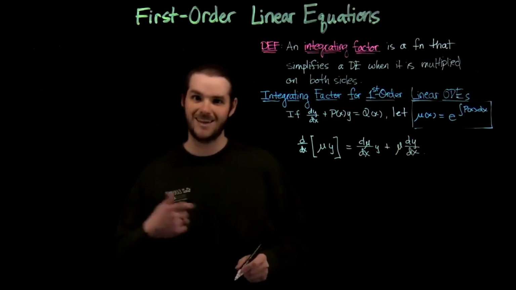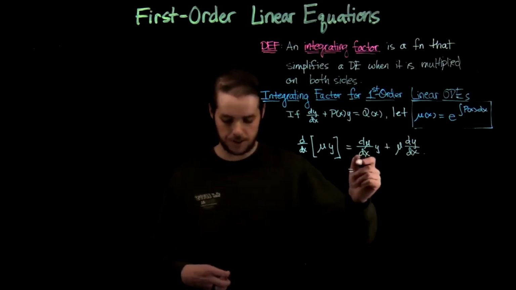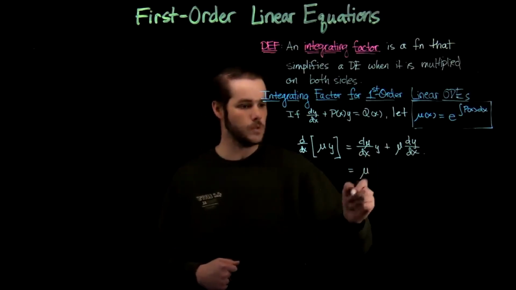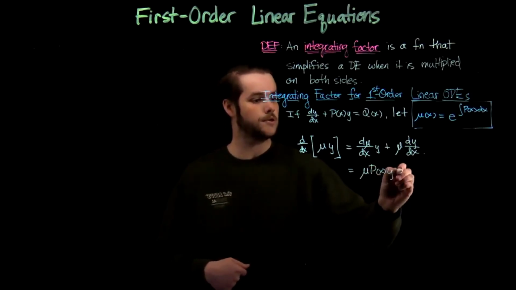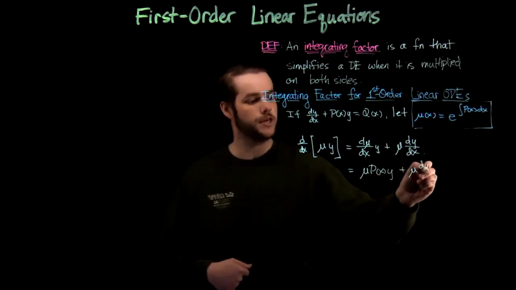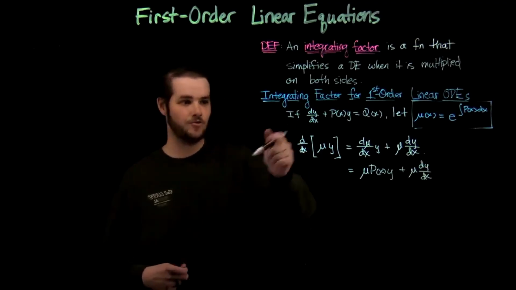And we saw in the previous video that d mu dx is actually just mu p of x, so that's mu p of x y plus mu dy dx.